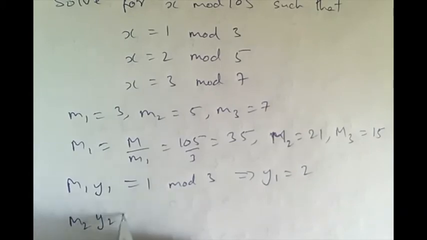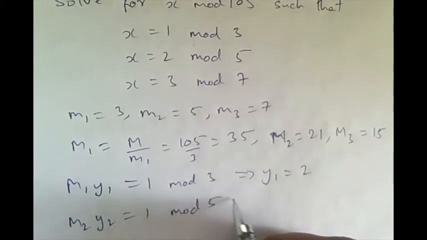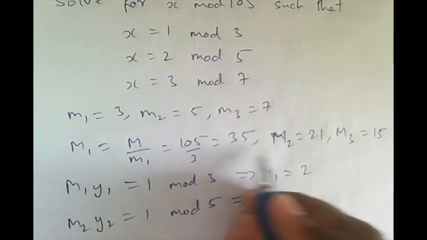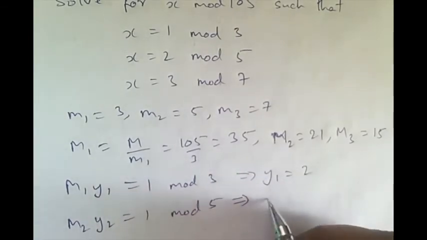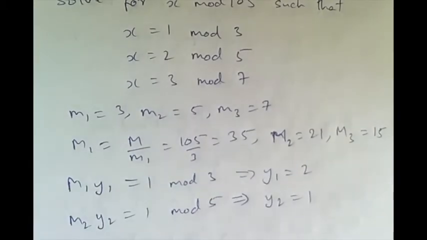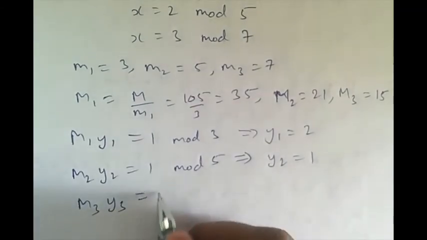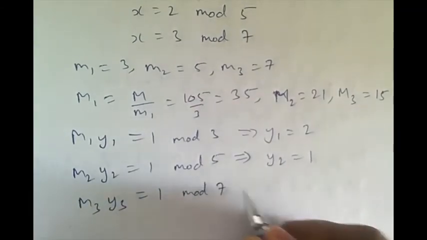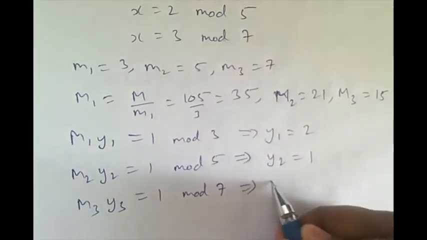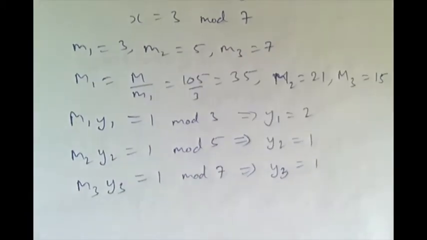M2 y2 equals 1 modulo 5. M2 is 21. That's already 1 modulo 5. So y2 is just 1. And M3 y3 equals 1 modulo 7. So M3 is 15. It's already 1 modulo 7. y3 equals 1.